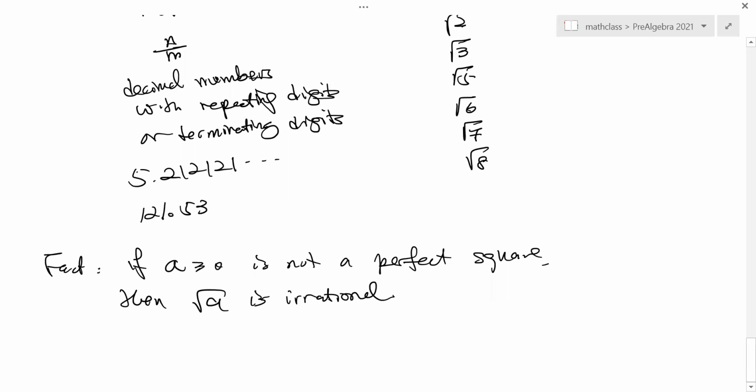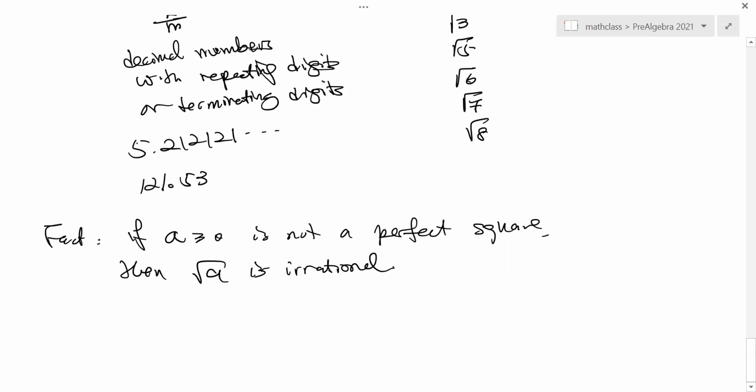It cannot be expressed as an integer over another integer, but you can approximate it, right? Approximation is very interesting. It's not easy to do, but let's do some approximation.